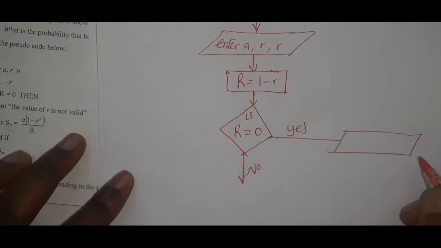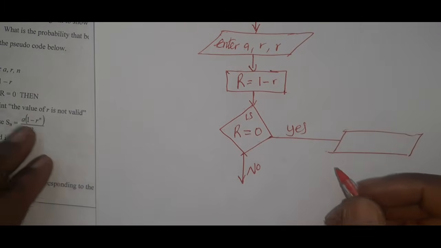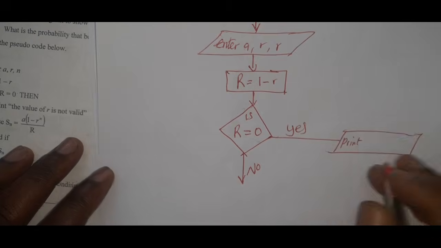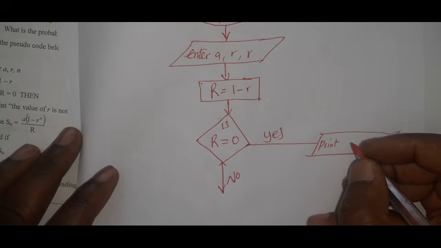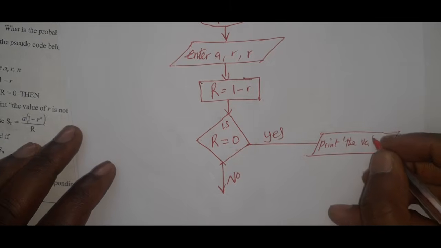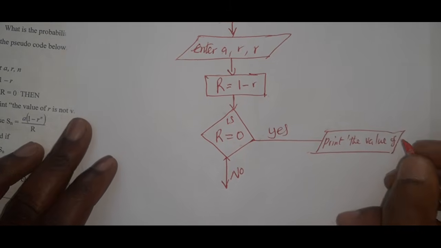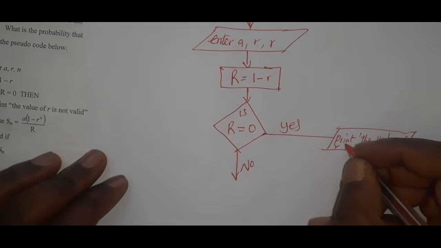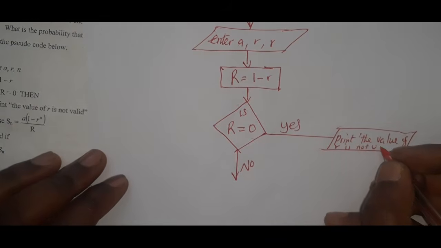okay, if this is the case, then we're going to say print the value of R is not valid.